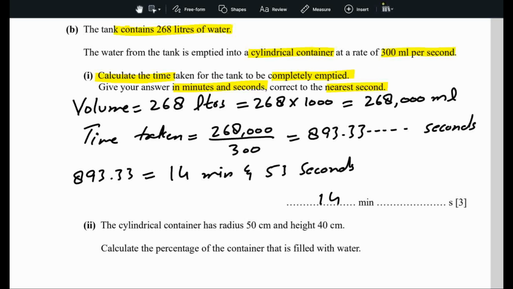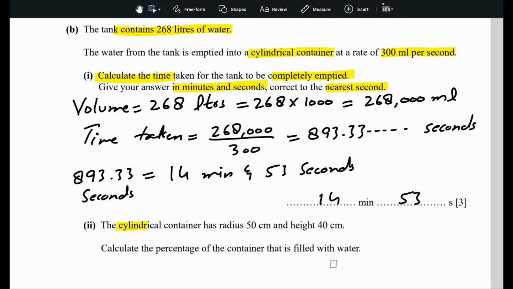So 14 minutes and 53 seconds will be the final answer. We know how to convert seconds into minutes and hours. I hope that the concept is clear. Let's move to the second part.